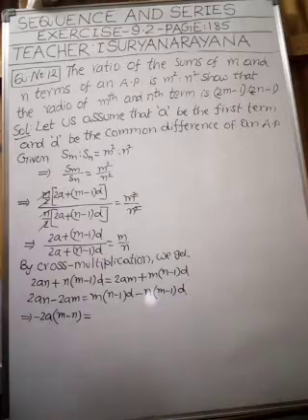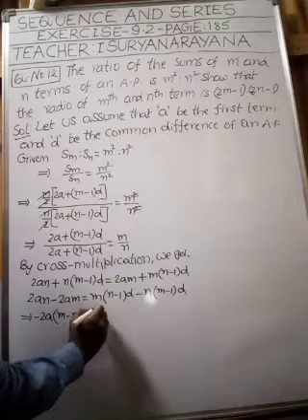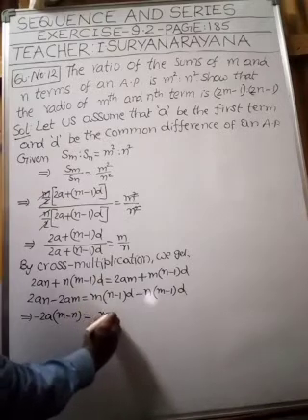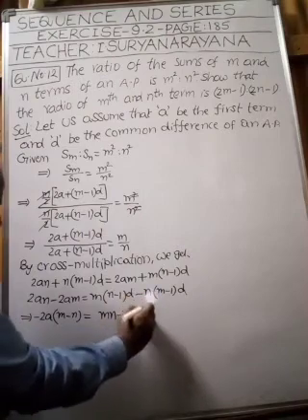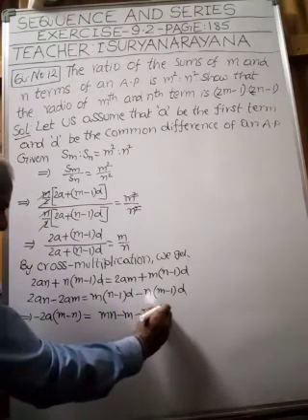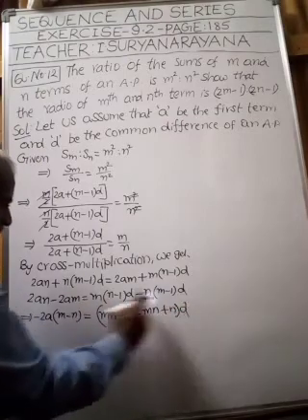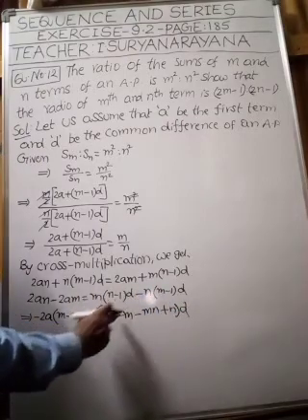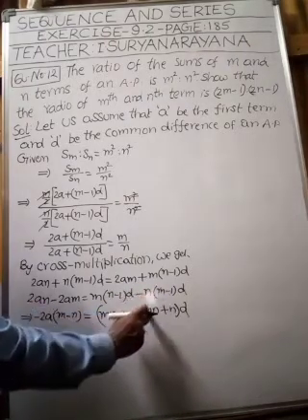Okay, my children? Right. Here let us take d common factor. So mn minus m minus mn plus n into d. Here I simplified directly. I multiplied these two and I wrote here, I multiplied these two, minus n into n minus 1.